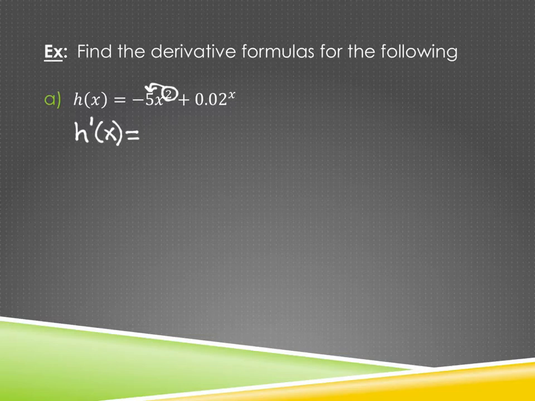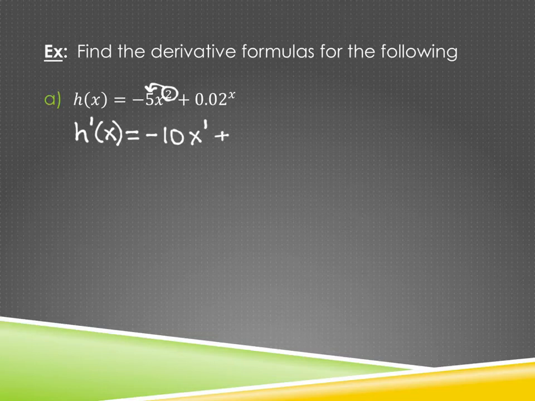So what's -5 times 2? -10. And if we decrease the exponent by 1, what's the exponent 2 decreased by 1? It's a 1, right? It was a 2, now it's a 1. You can either write it as a 1 or you could leave it off. And then we have addition because that's the sum difference rule.